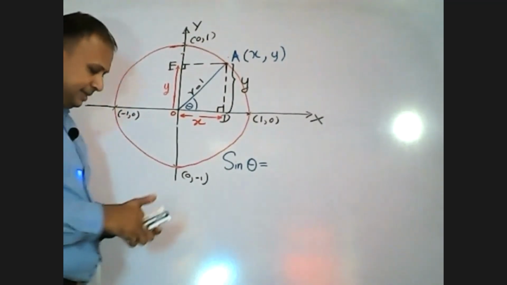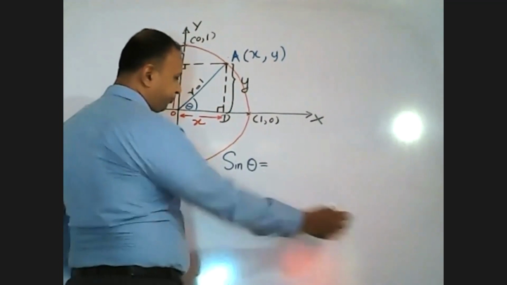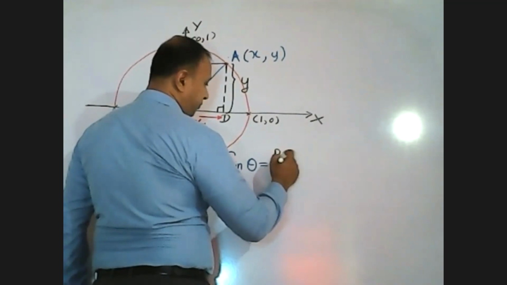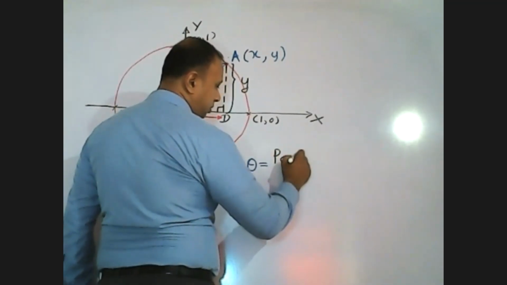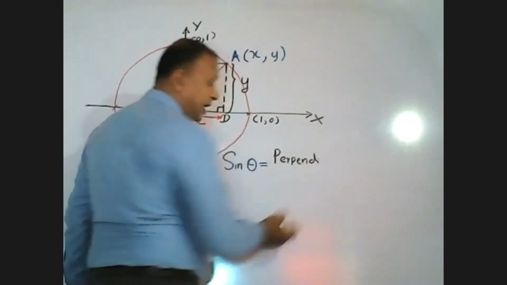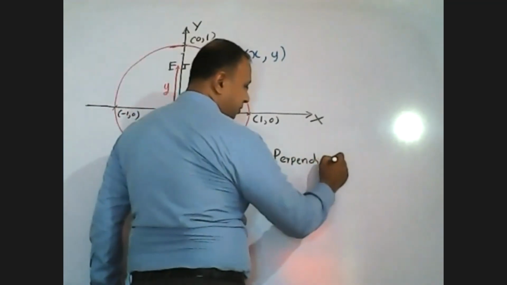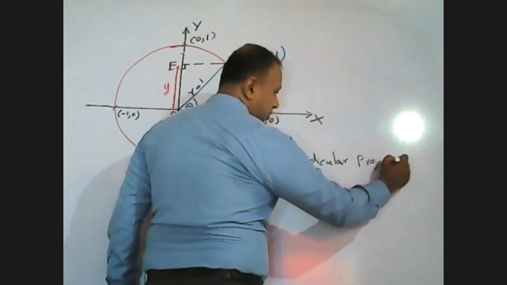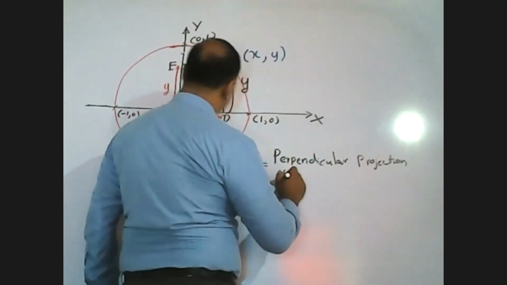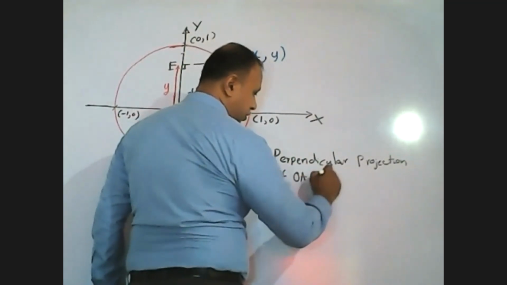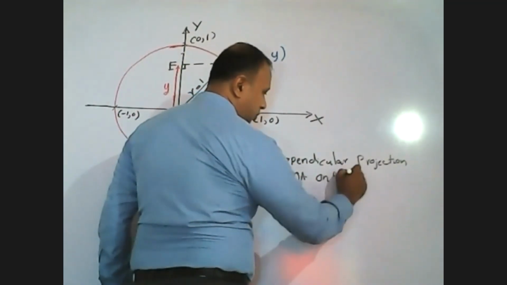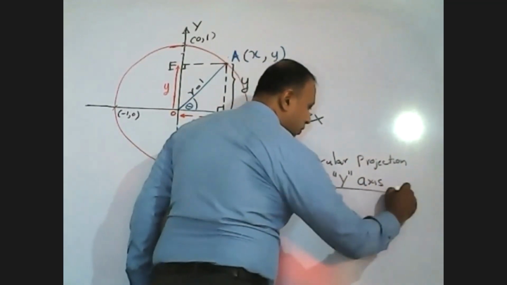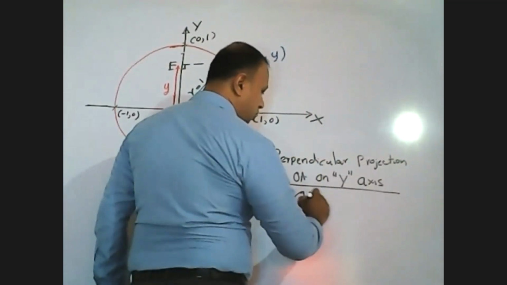Sine theta is defined as something like this: the perpendicular projection of OA on the y-axis over the OA length.